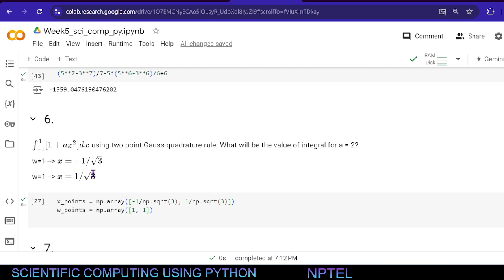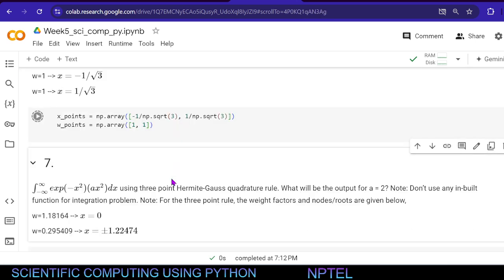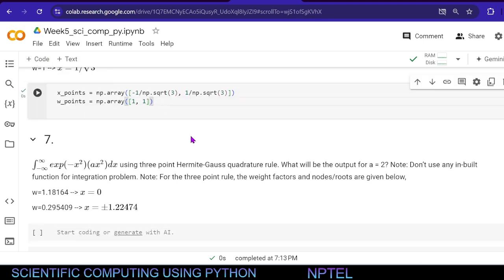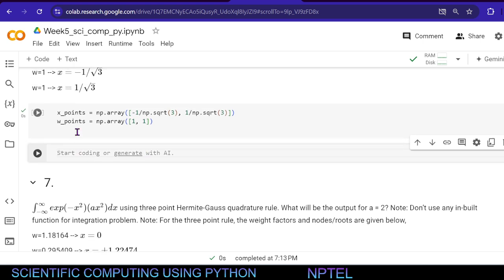For the positive root, the weight is also 1. So I've already written down those x's and w's. Now we just need to do multiplications, right?